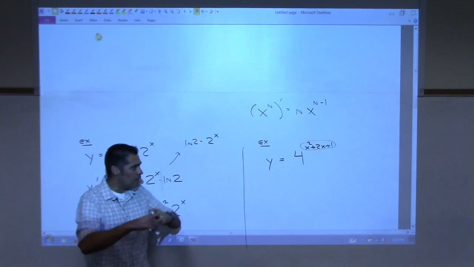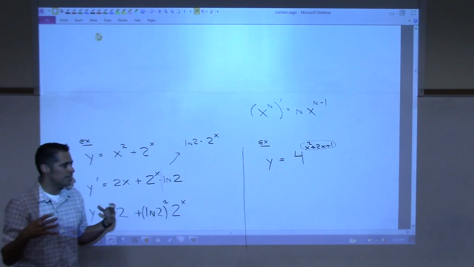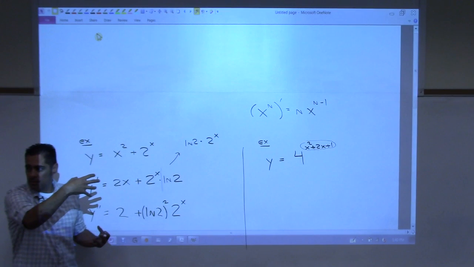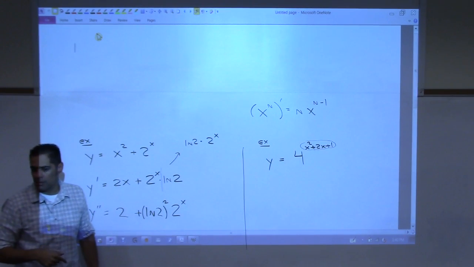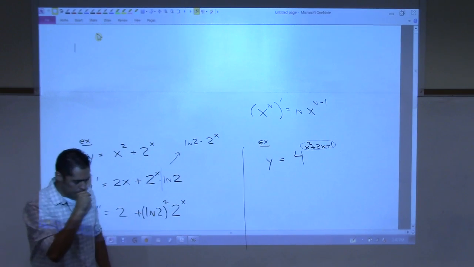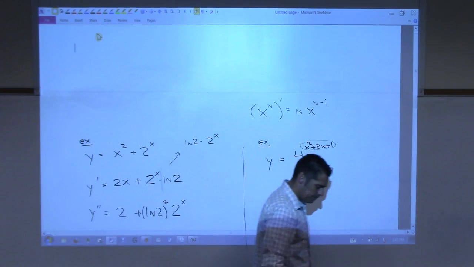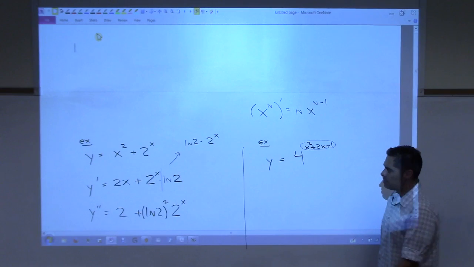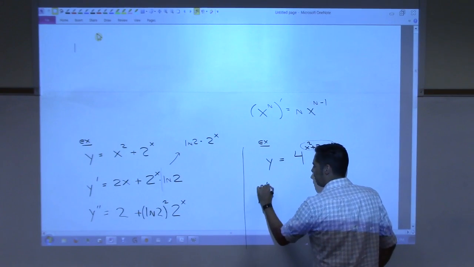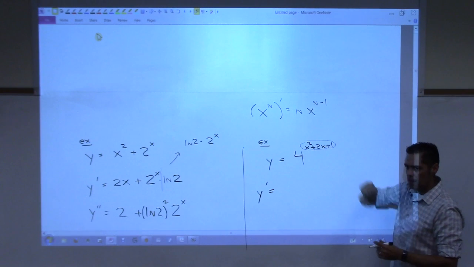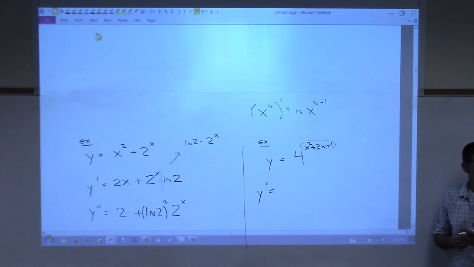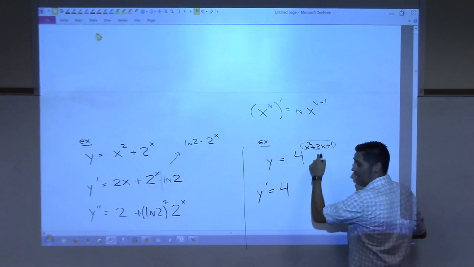So the outer layer is the 4 being raised to something, some quadratic, and then the inside is that quadratic piece. So any guesses as to what this derivative would be? If the outside is 4 raised to something, what's the derivative of 4 raised to something? 4 to the x squared plus 2x, 4 raised to that, right?